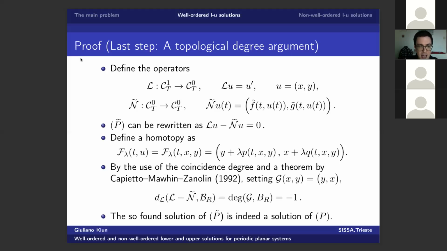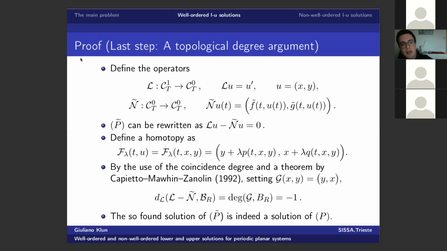And this is done simply by multiplying p and q by a parameter lambda, and defining this homotopy for lambda between 0 and 1. Clearly, for lambda equals 0, we have the problem x prime equal y and y prime equal x. And for lambda equals 1, we have the problem P tilde.